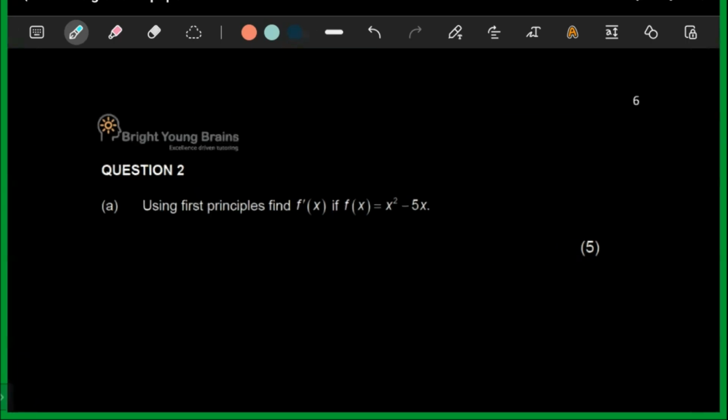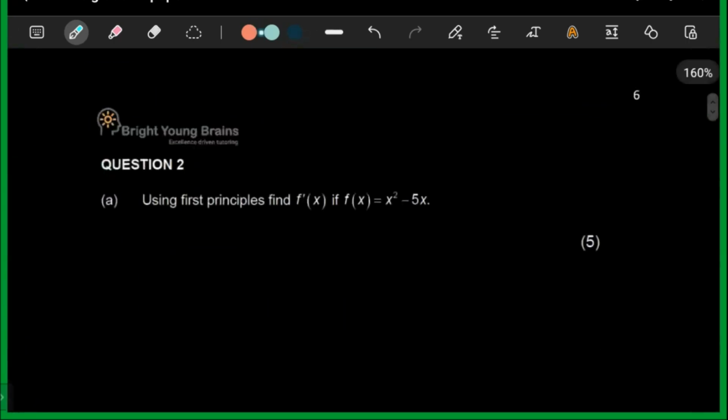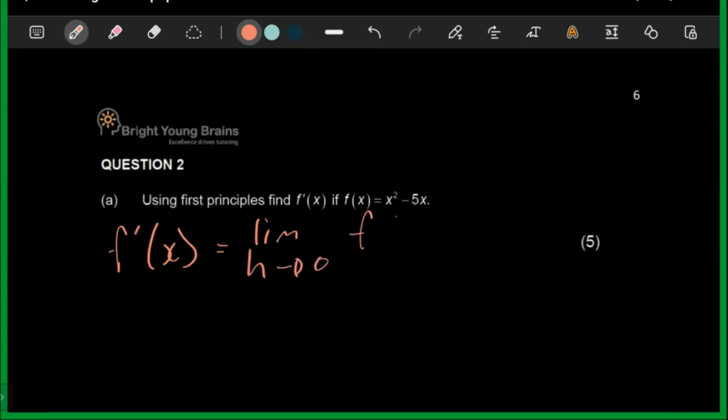So anytime you need to work out something using first principles, right, you need to keep in mind that f prime, the formula, is equal to lim h goes to 0, f of x plus h minus f of x, the whole thing over h.